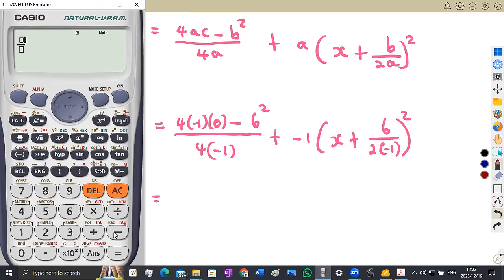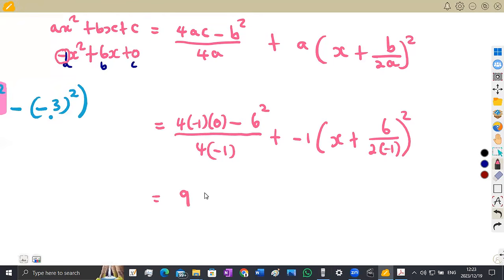This is simply 0 minus 6 squared over 4 times minus 1, which is going to give us 9. Plus and minus, we get a minus. We simplify this, so this is going to be x plus or minus, we get a minus. So 6 divided by 2, that will be 3 squared.